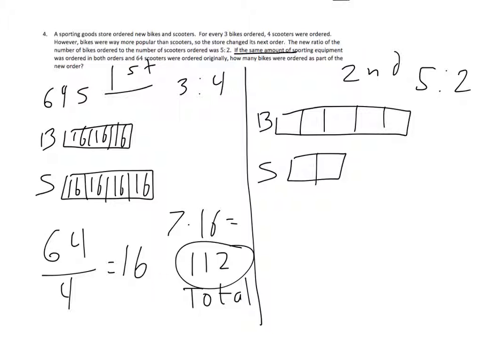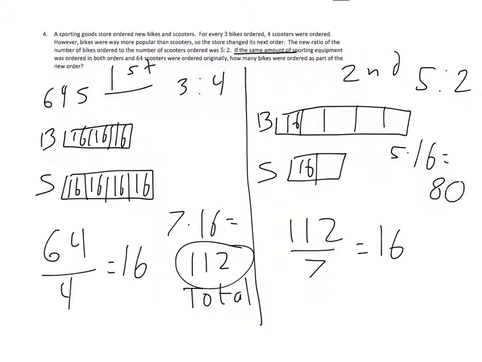So we can do 112 divided by 7, which we know from the other side is going to equal 16. We know each section is 16, and again, we're looking at bikes. So we can do bikes, 5 times 16, will get us the total number of bikes, and 5 times 16 is 80. 80 total bikes.